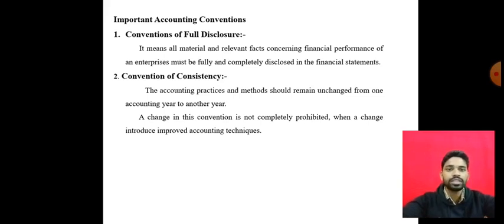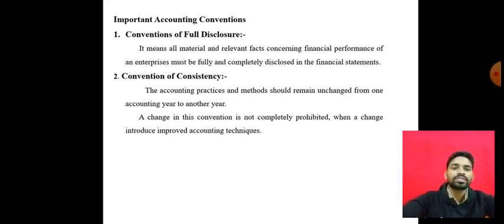Next one is the convention of consistency. It indicates that accounting practices and methods should remain unchanged from one accounting year to another accounting year.